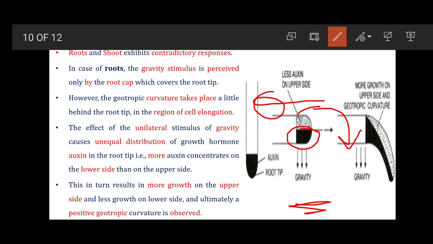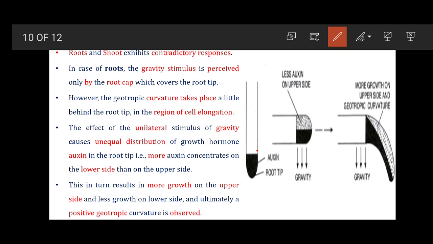Here you can understand this phenomenon in contrast to the effect of light, because in case of light the movement, or you can say cell elongation or cell division, happens in the area where auxin concentration is more, but here in this case the auxin concentration is confined to the below side, and still that area shows no cell division, while cell division is present in the upper area.